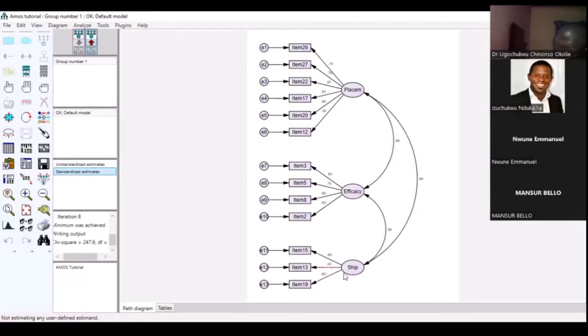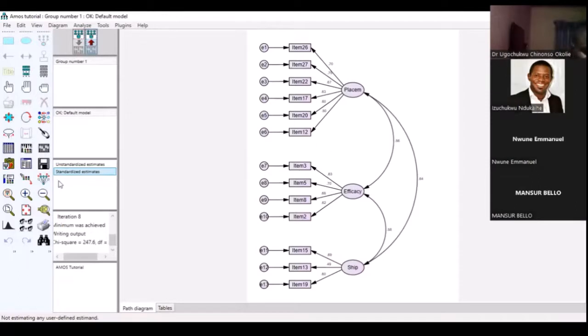Like you can see here, this is 0.49, which is so bad. But if we remove this item, AMOS will not run because with the new version of AMOS from version 24, you can't have fewer than 3 variables. This is the lowest you can have to measure a scale. Okay, so already we are not meeting a very standard. We are not meeting a good data fit here.